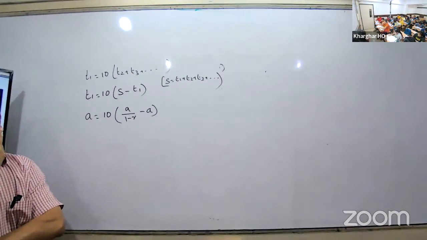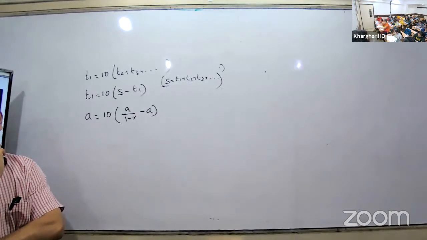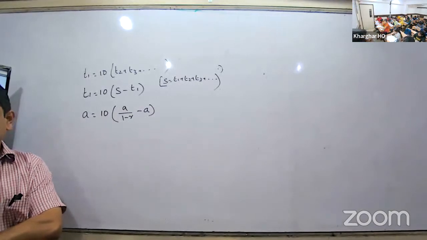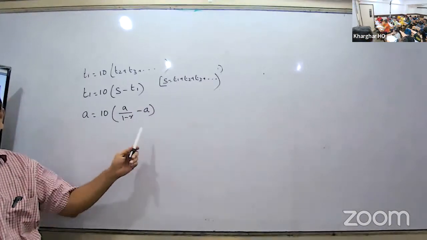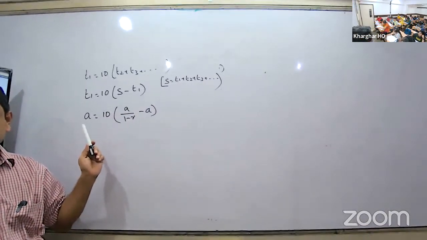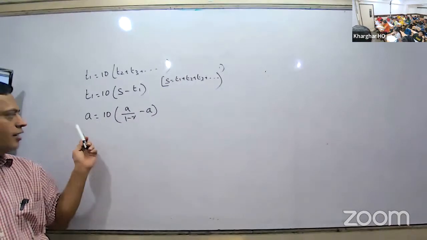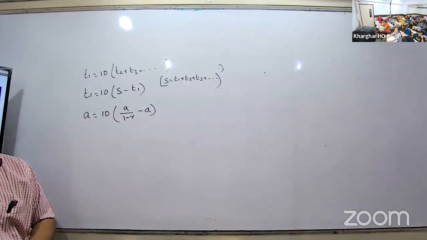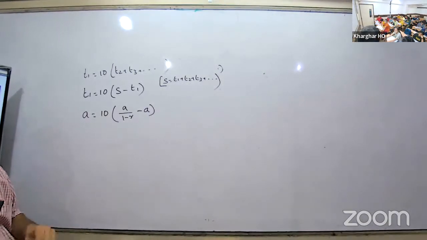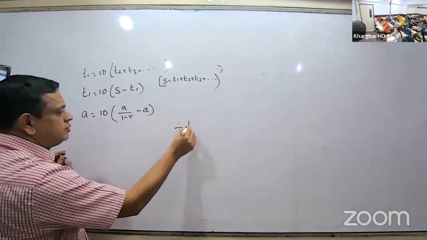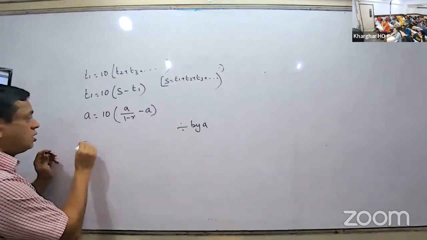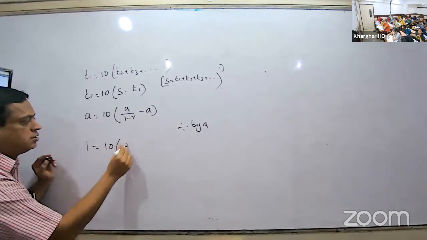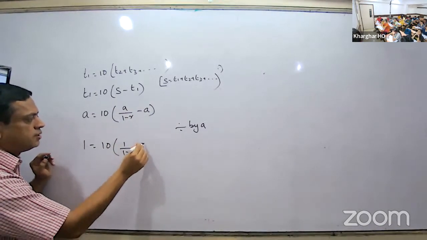There is no need to struggle that much. You people are doing the long way. What is the next step? All of you done? Multiply by 10. There is a common factor on both sides. Divide by A, so A will go. 1 is equal to 10 times 1 upon 1 minus R, minus 1.